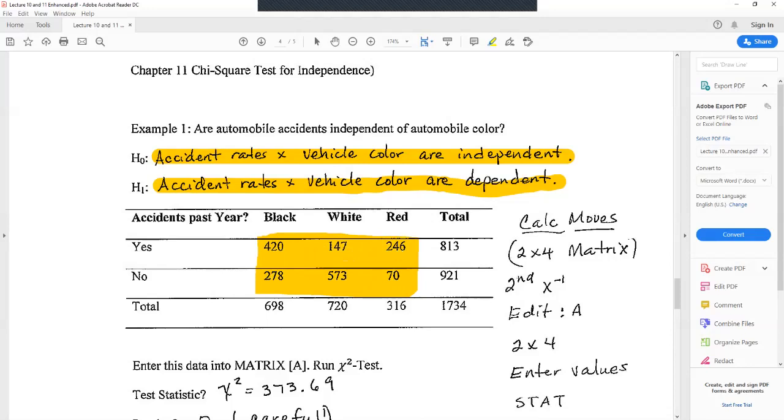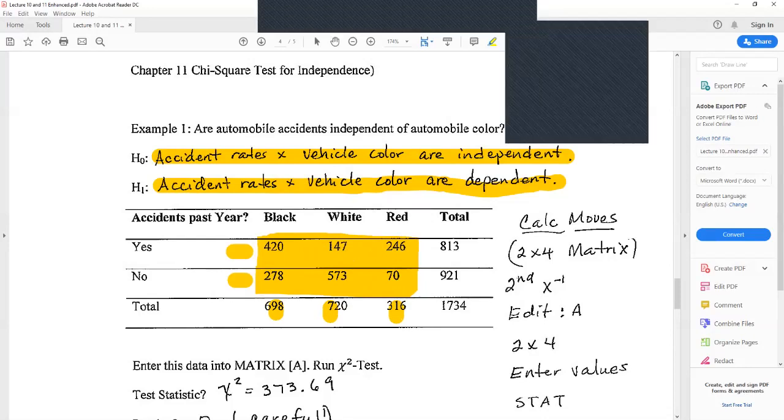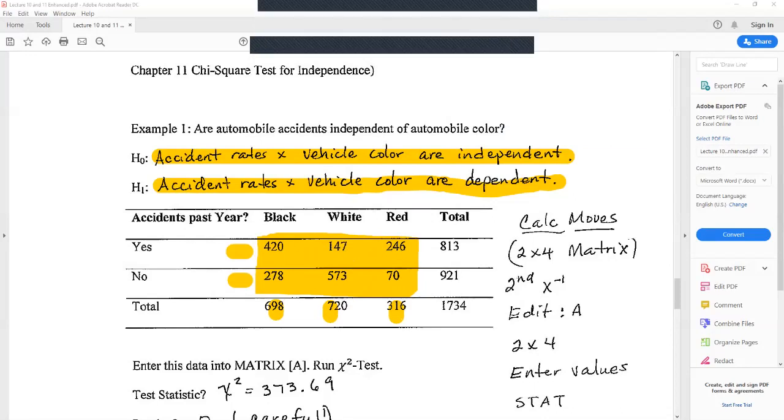Notice that I have a 2 by 3 matrix because I have 2 rows, yes and no, and then I have 3 colors for the vehicles, right? Black, white, and red. So this is a 2 by 3 matrix. Now somewhere in my haste, it appears that I actually did 2 by 4, but that actually should be a 3.